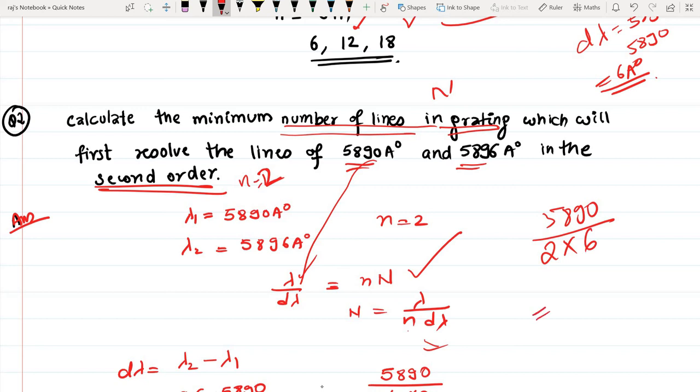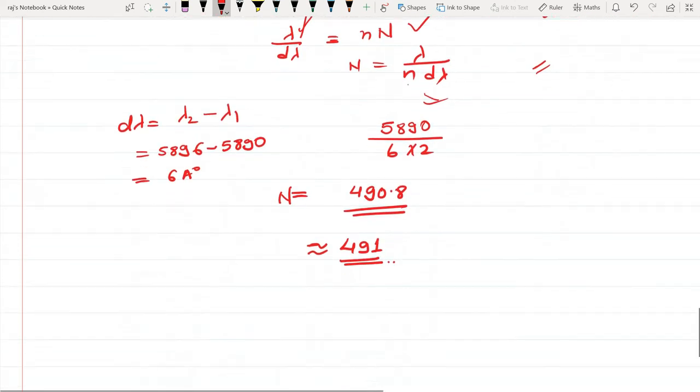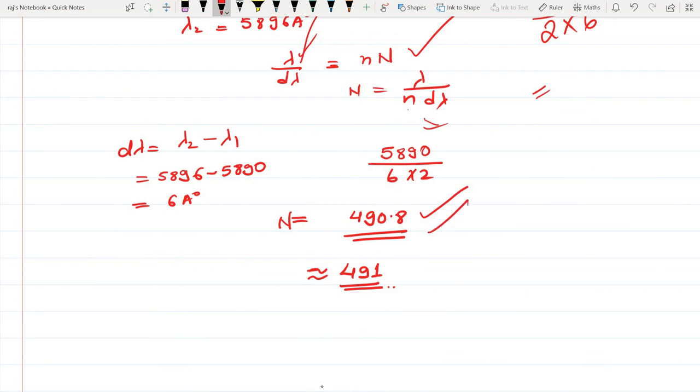This value comes out to be approximately 490.8, so that many lines per centimeter will be needed. Okay. Thank you very much.